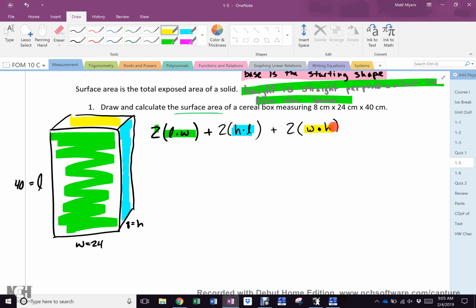You're going to go to your data booklet, which you already have, and that tells you that the surface area of a prism is 2 LW plus HL plus WH. I can't remember the exact order, but that's what it's going to tell you.